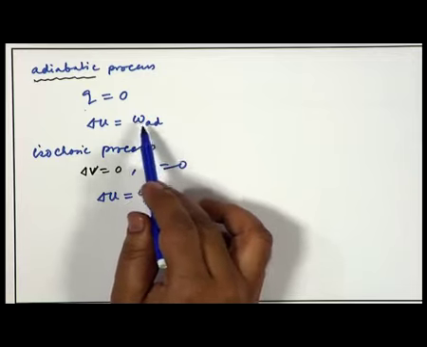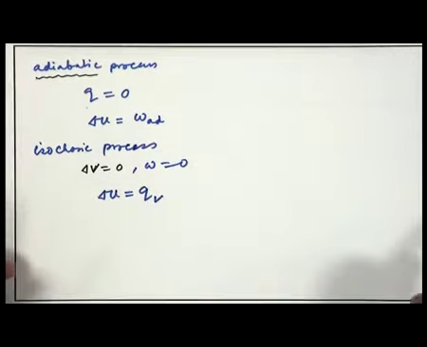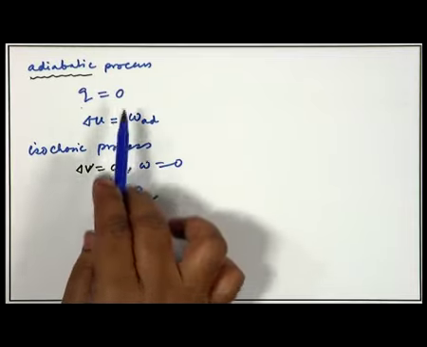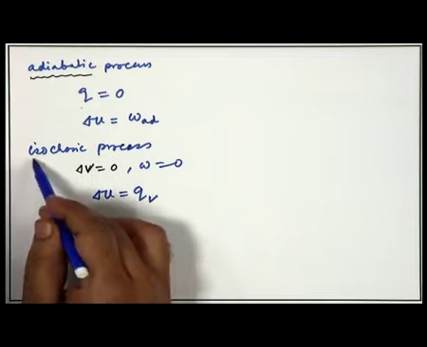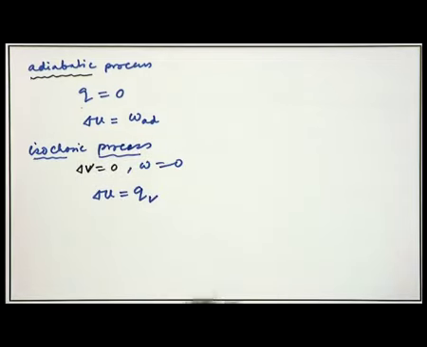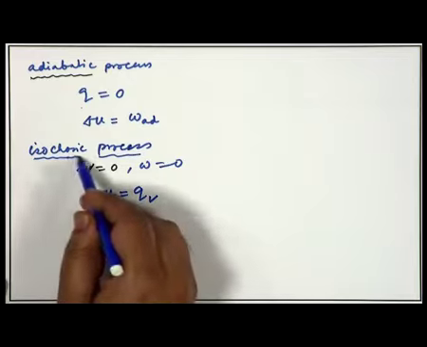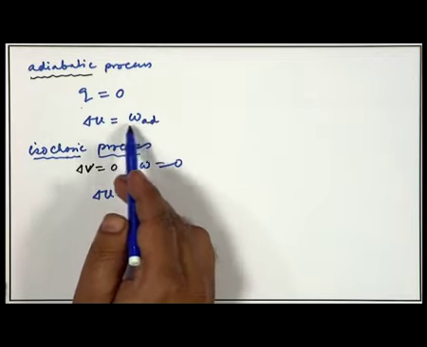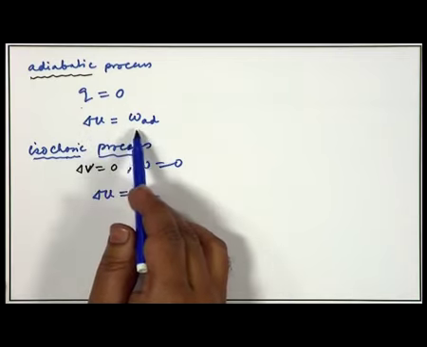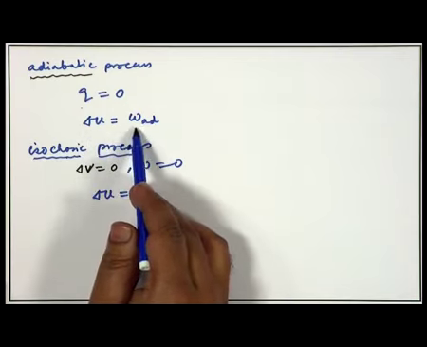Now, though W and Q are both path functions, in these two cases, in the case of the adiabatic process and in the case of the isochoric process, in the adiabatic process W is equal to del U. So, in this case W is no longer a path function.